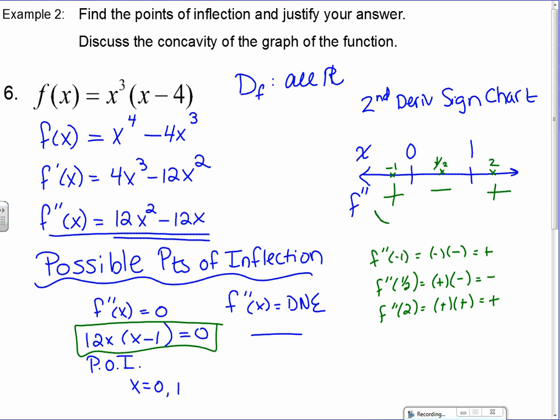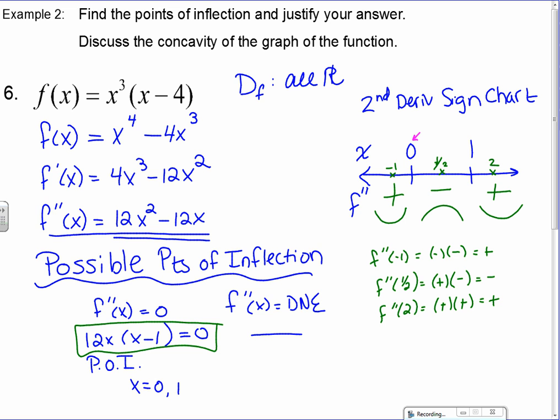This will be up like a cup, down like a frown, up like a cup. So I can indicate my concavity here by doing just simple little curves. Now, how can we classify 0 and 1? Well, they are points of inflection if we have sign changes.